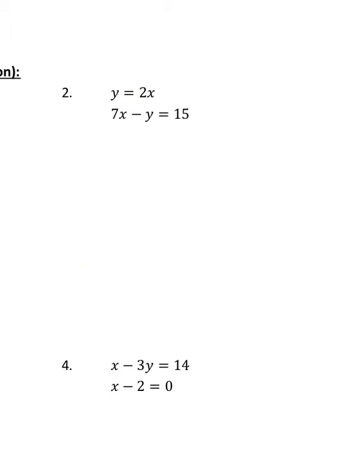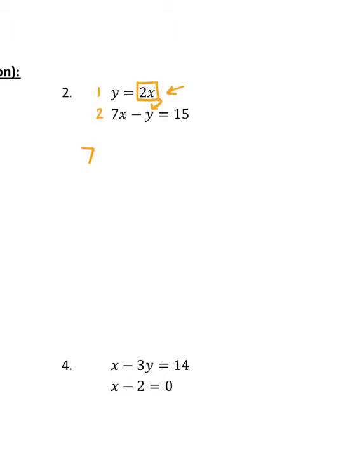Let's do one more. I have my two equations, y equals 2x and 7x minus y equals 15. Here's 1, here's 2. I'm going to use the first one because it's already solved for y for me. So I'm going to take my 2x and I'm going to plug it in for y in my second equation.